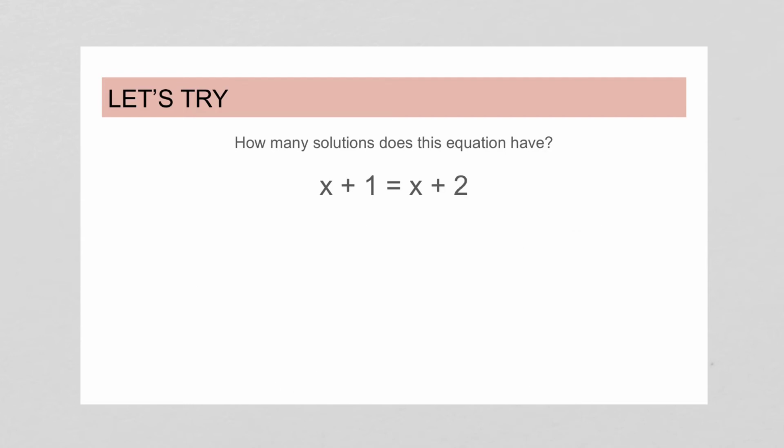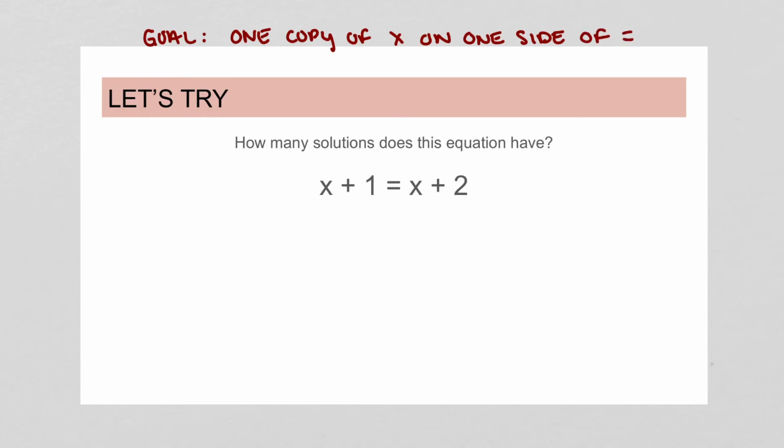Okay, so now let's consider a different option. How many solutions does this equation have? x plus 1 equals x plus 2. So let's think about that for a moment. Remember our goal.